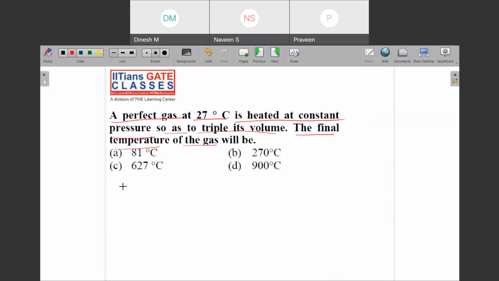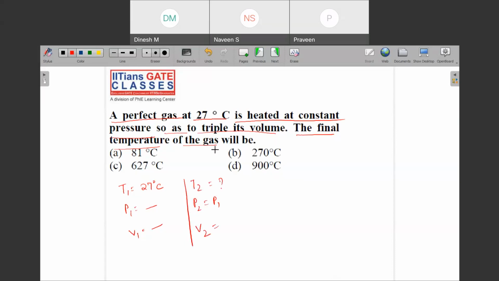The initial temperature is 27 degrees Celsius at constant pressure, so P1 and V1 have some values. We need to determine T2, and P2 is P1 because it's a constant pressure process.